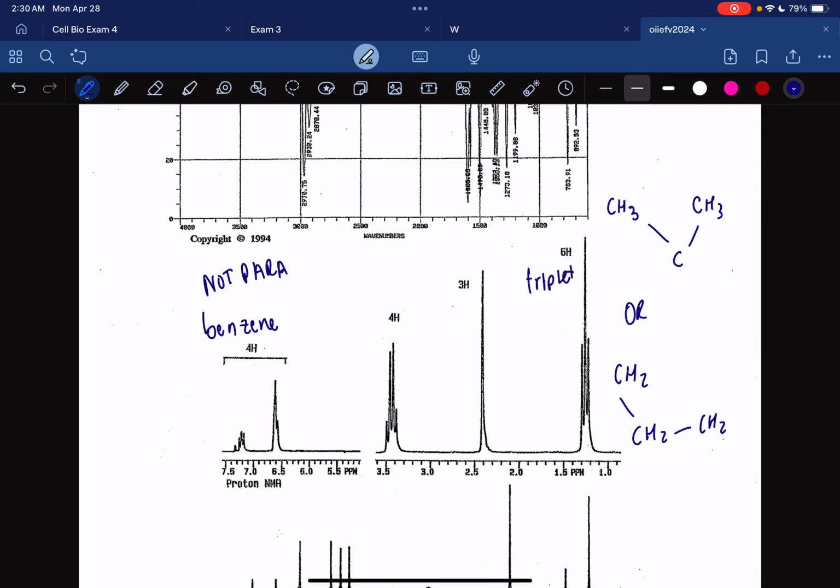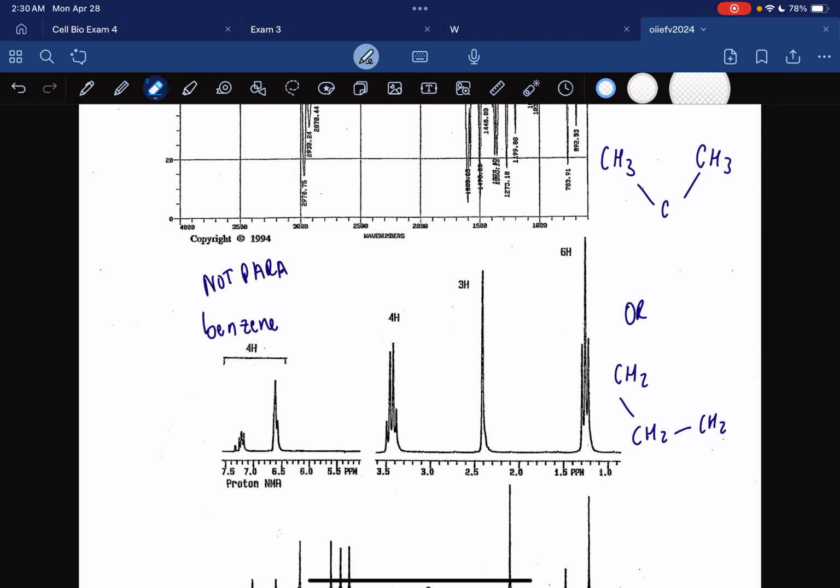Triplet means this must be neighboring 2 hydrogens, because it must be n plus 1. So that means that whatever these CH2s are bonded to, they have to be bonded to a CH2. So that being said, if we drew it like this, and we said they're bonded to the same carbon, then that means that this would be CH2.